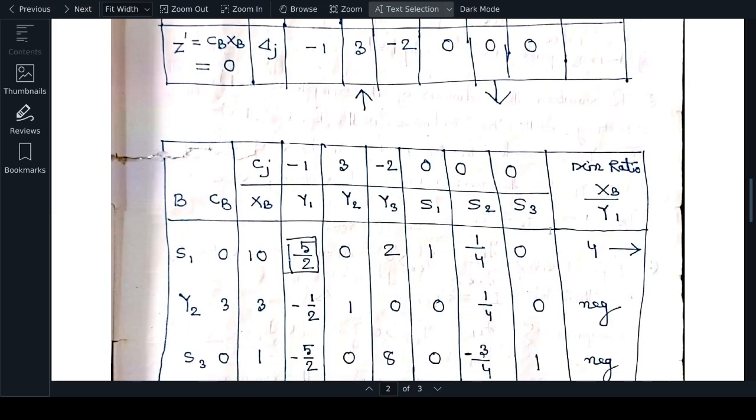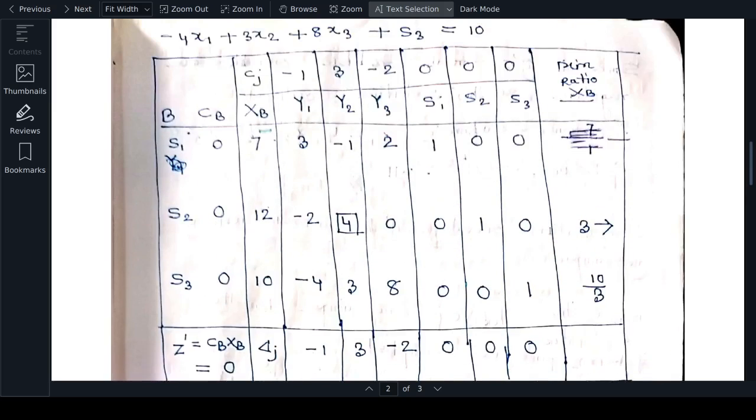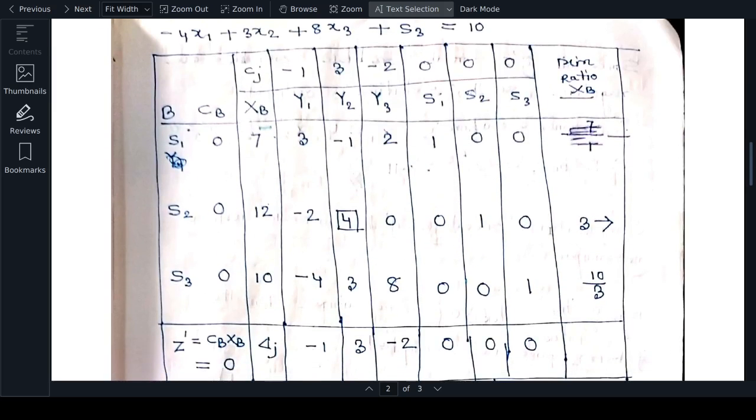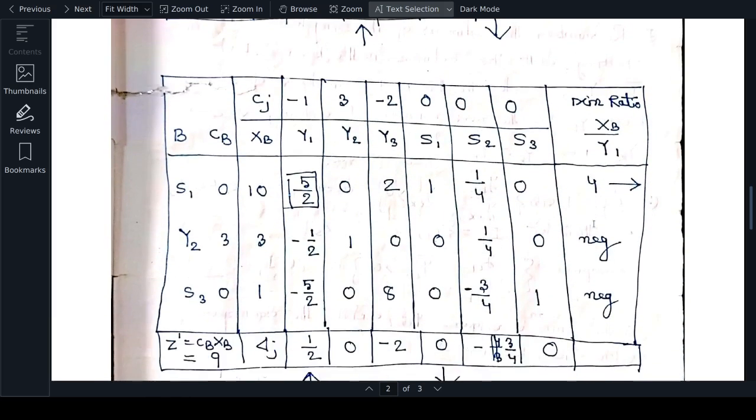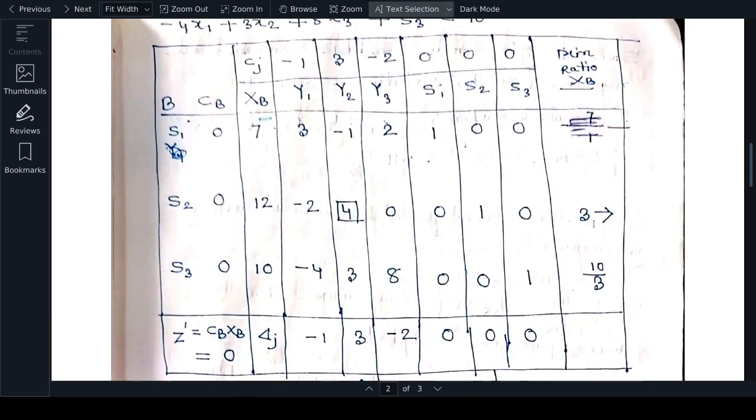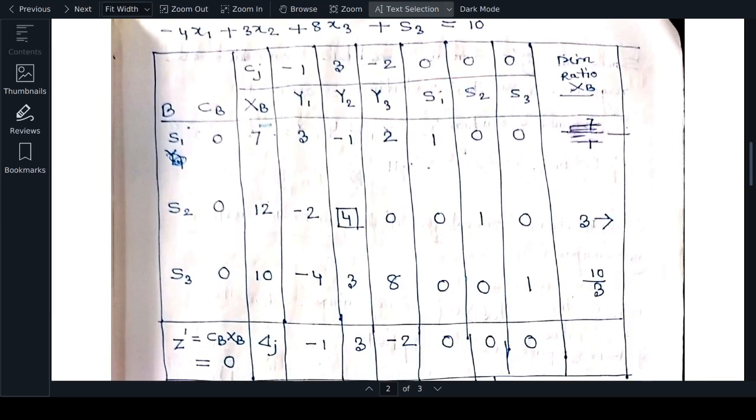Next, the y2 column you can write directly without calculating, because the y2 column is our incoming vector. So this incoming vector will be replaced by the outgoing vector. So what is our outgoing vector in the column?